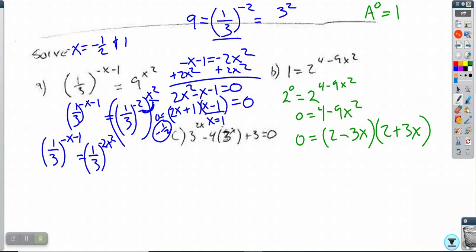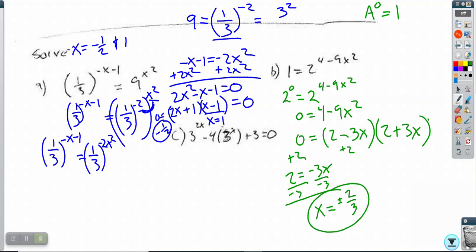Solving this, plus 3x, we get 2 is equal to 3x, so x is equal to 2/3. Actually, solving the first factor: plus 2, plus 2, we get 2 is equal to negative 3x, divided by negative 3, and we get x is equal to negative 2/3. But wait, when we do that over here, we're going to get x is equal to positive 2/3. So there's our answer. I really hope that's the answer.